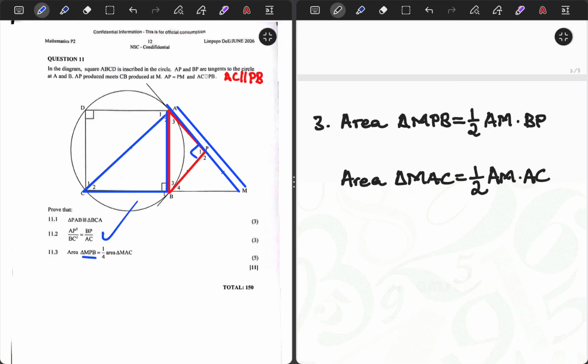They say prove that the area of that one is equals to the area of that one. Okay. Let's not forget that we can write that PB will be half of AC.